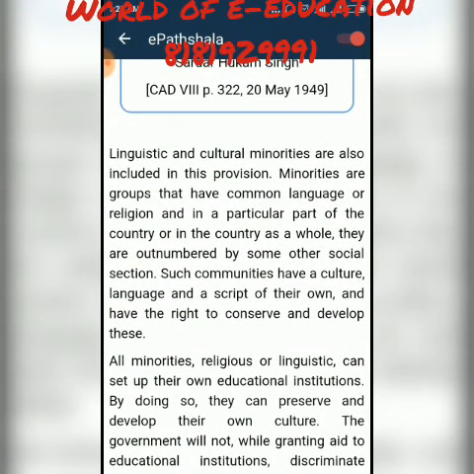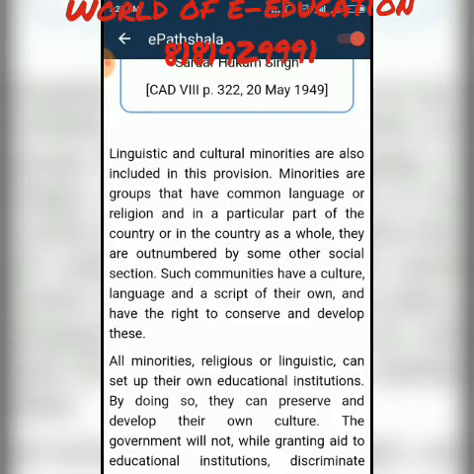Linguistic and cultural minorities are also included in this provision. Minorities are groups that have common language or religion, and in a particular part of the country or in the country as a whole, they are outnumbered by some other social section. Such communities have a culture, language and a script of their own, and have the right to conserve and develop these.